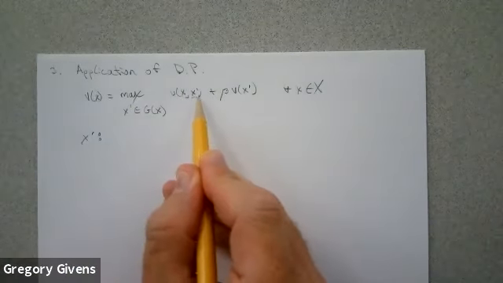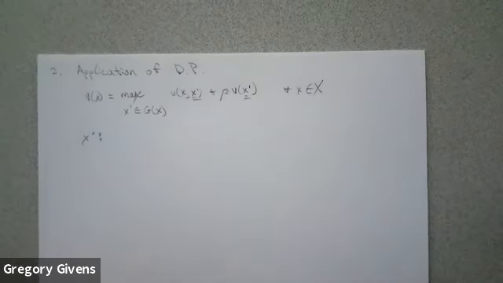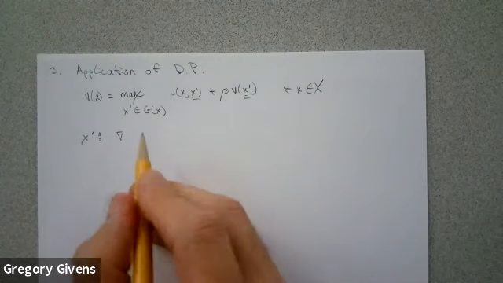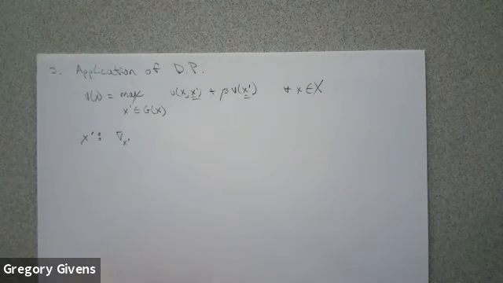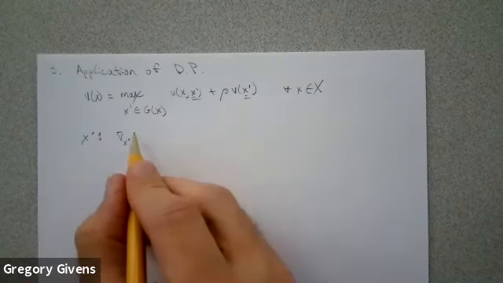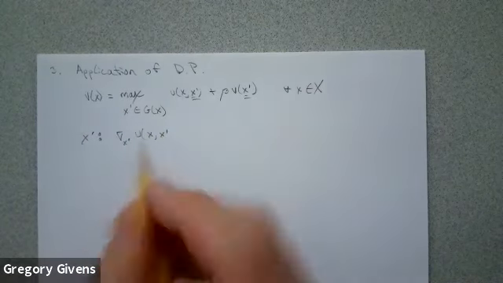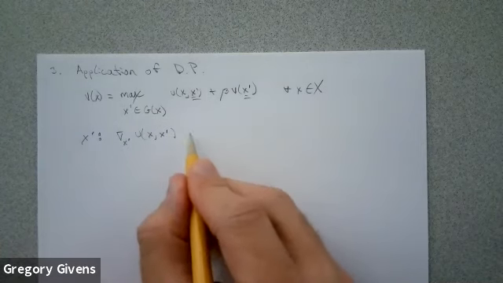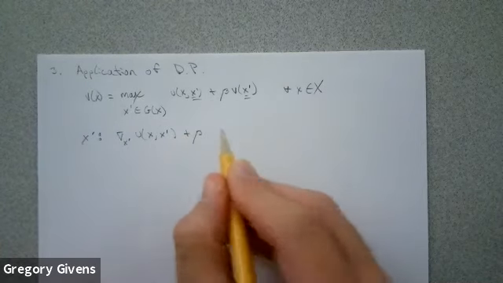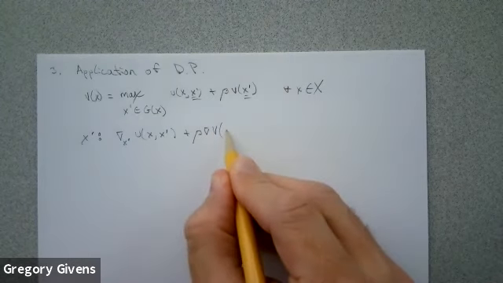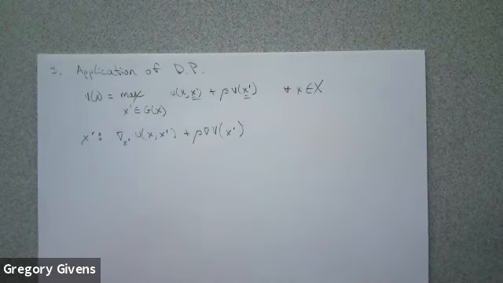Well, x prime is here and it's also here, right? So this would be the gradient with respect to the second argument of u, evaluated at x and x prime, plus beta times the full gradient vector of the value function evaluated at x prime.